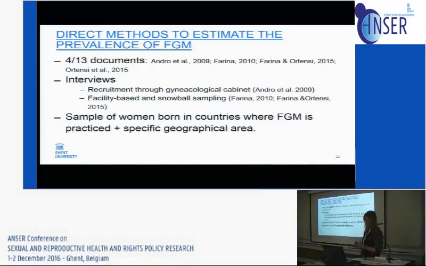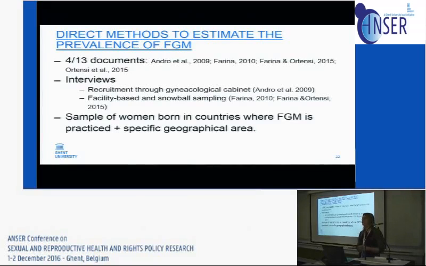Then 4 documents reported on direct methods to estimate the prevalence, but actually those 4 documents were only about 2 studies, a French one and an Italian one. The Italians published more. What they did was they took a sample which was not a national randomized sample, because the numbers of FGM are too low in Europe to really go and do a national survey.